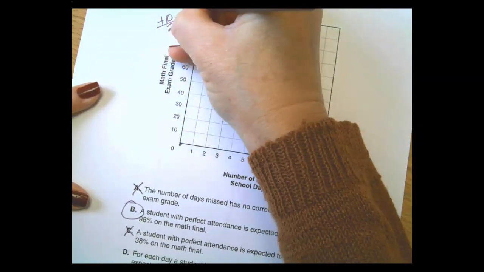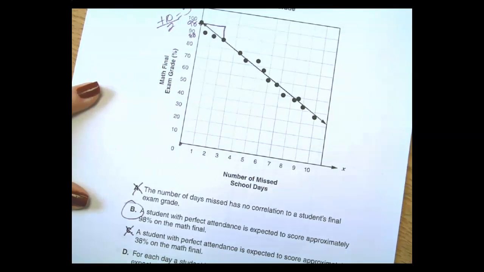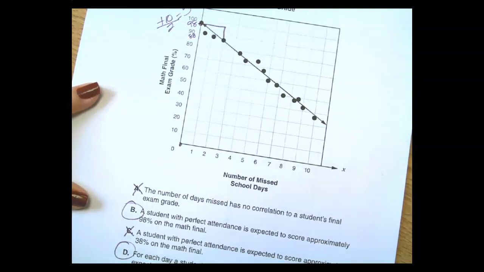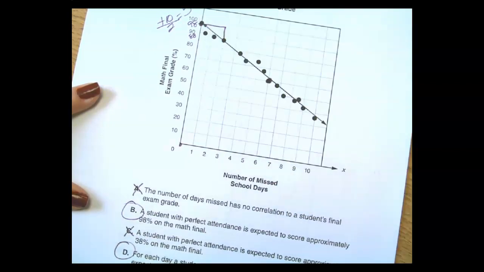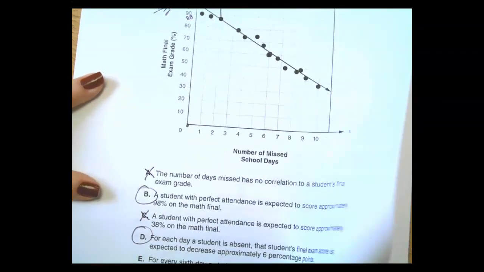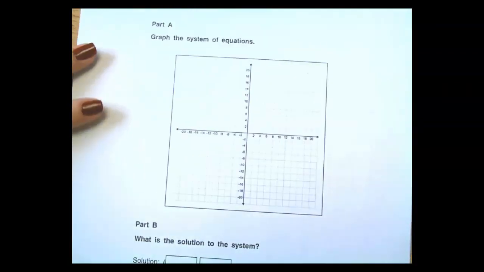So we increased about by 5. So for each day a student is absent, the scores decrease 6 percentage points. Well, 5 and 6 is pretty close. For every 6th day a person is absent, the score decreases by 1%. That's not true. It decreased a lot between here and here. So there you go. Sorry, I know this is getting kind of weirdo.